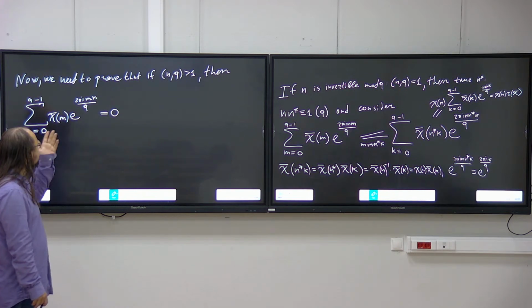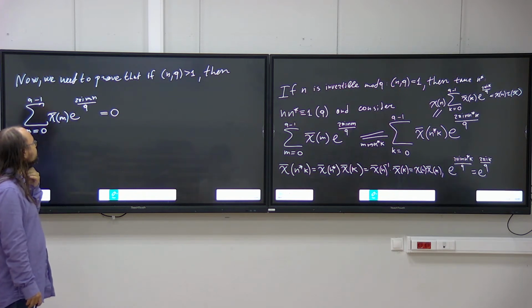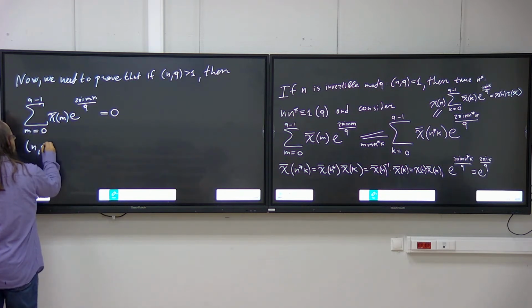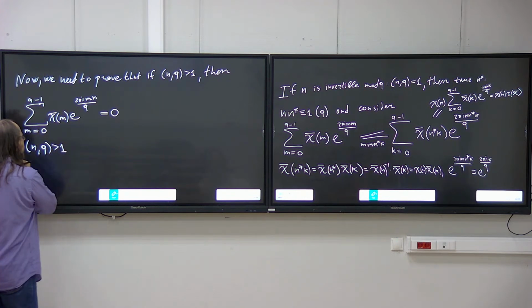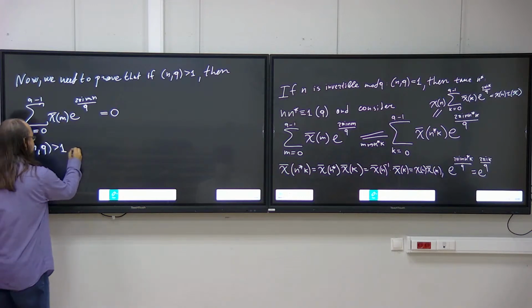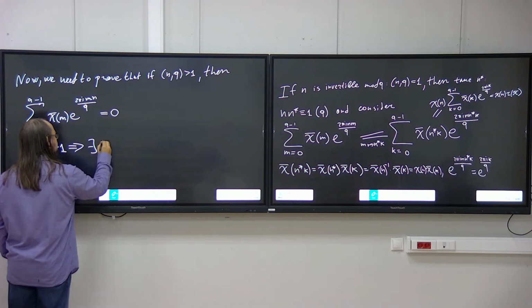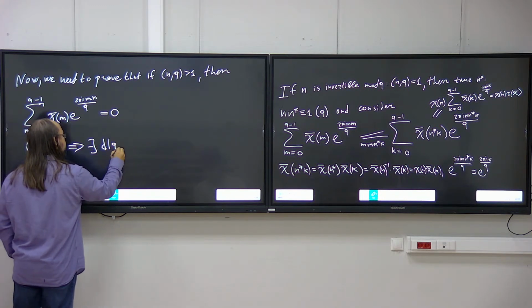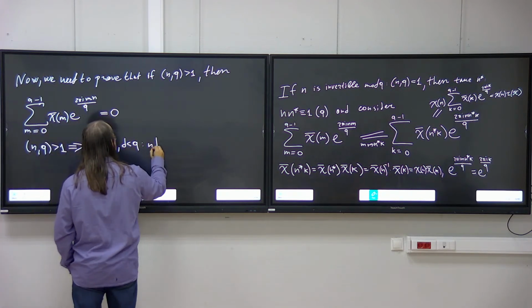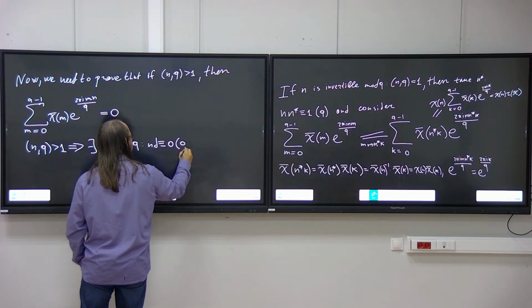So if n and q are not coprime, this means that you can multiply n by some proper divisor of q and get 0 modulo q, right? There is d dividing q, d less than q, such that nd is congruent to 0 modulo q.